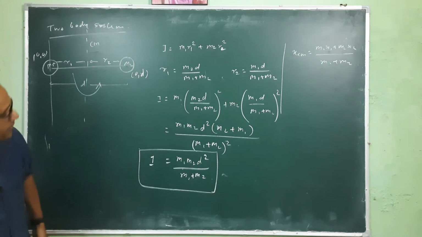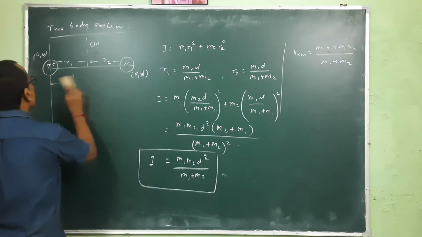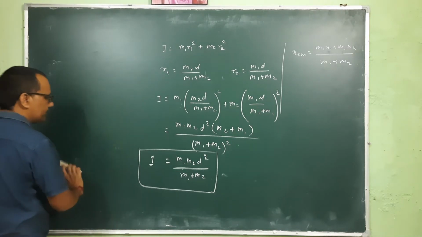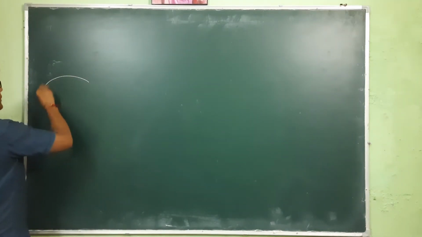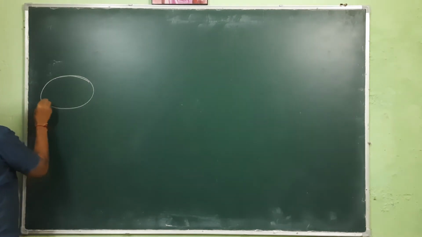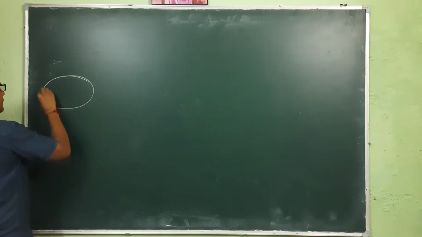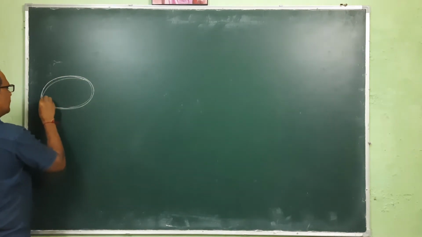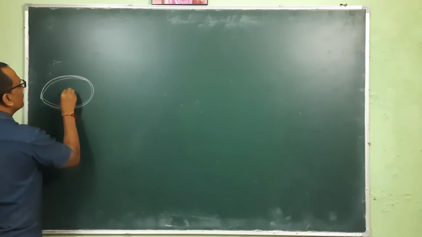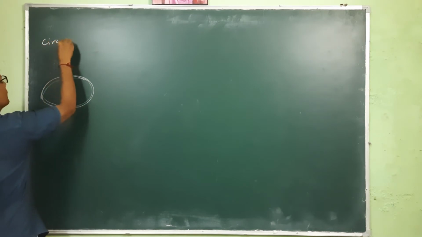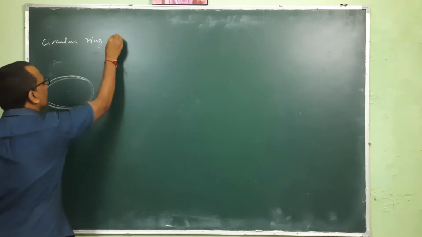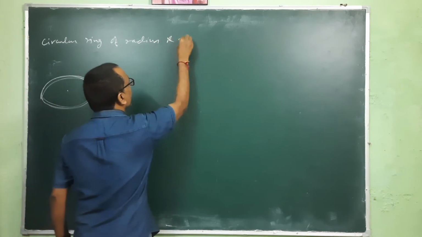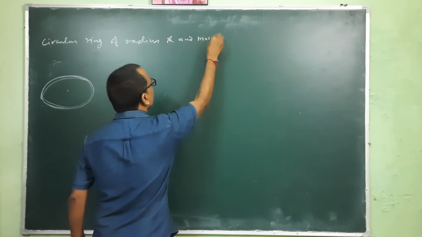Okay, now let us take the second system, a circular ring. So this is the circular ring, of radius r and mass m.